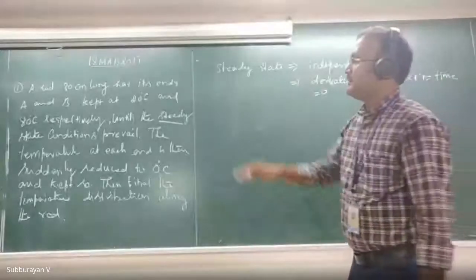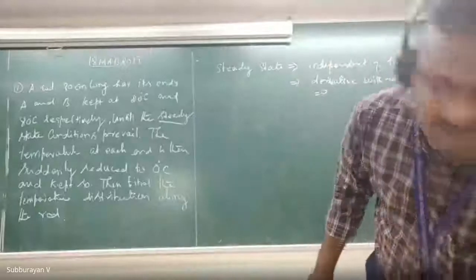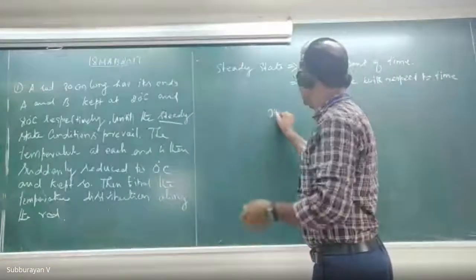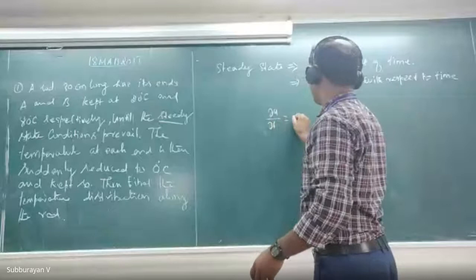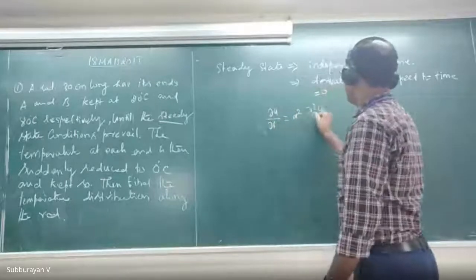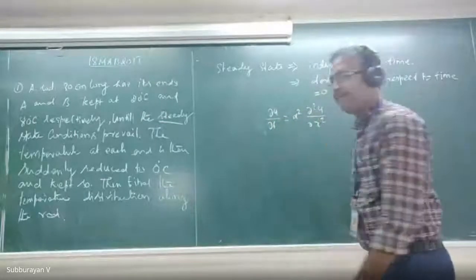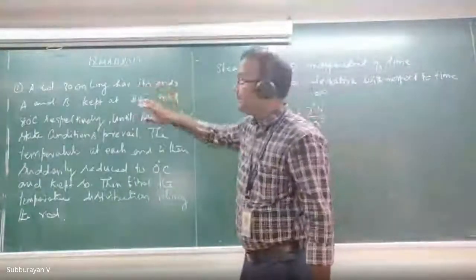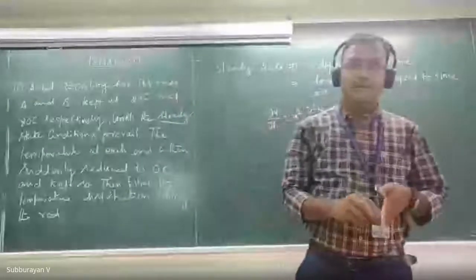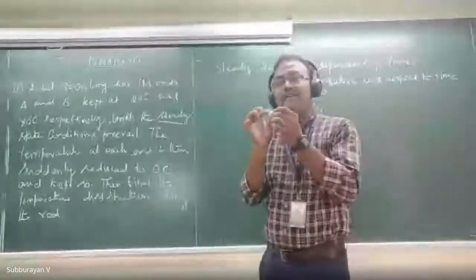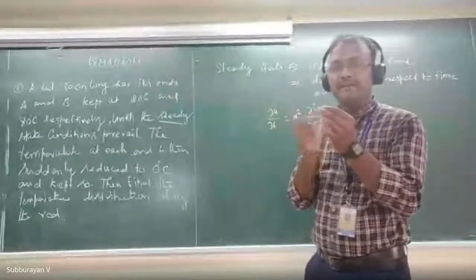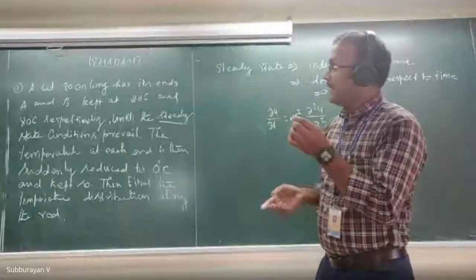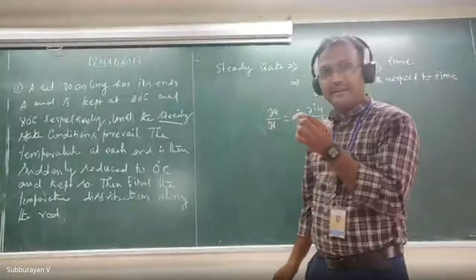Okay, fine. See, what is our equation? The original equation is dou u by dou t is equal to alpha square into dou square u divided by dou x square. Now please understand the situation. Initially, in the rod, we have heat sources at both ends, at A and at B. At A, the temperature is 20 degrees Celsius.